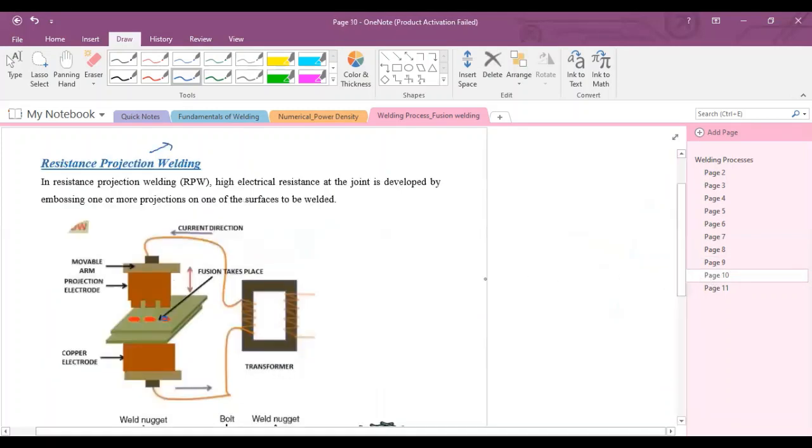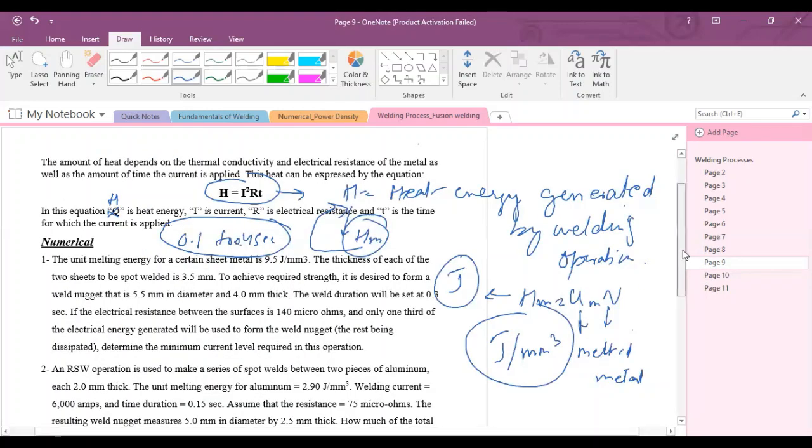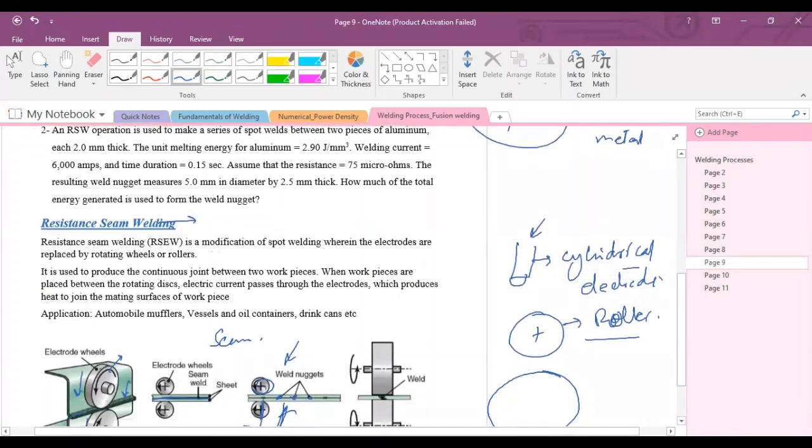There is a second type of resistance welding, called seam welding. Seam welding is a modified form of spot welding.